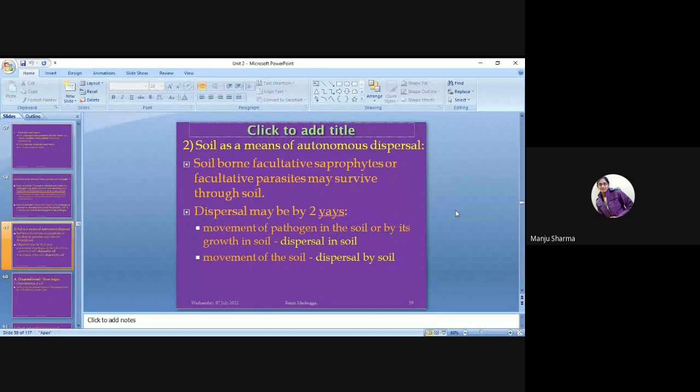Second is the movement of the soil, that is dispersal by the soil. So two things are there: first is dispersal in soil and another is dispersal by soil. So first is dispersal in soil.